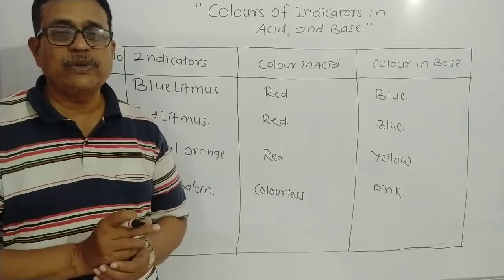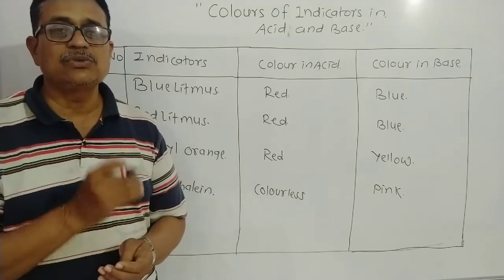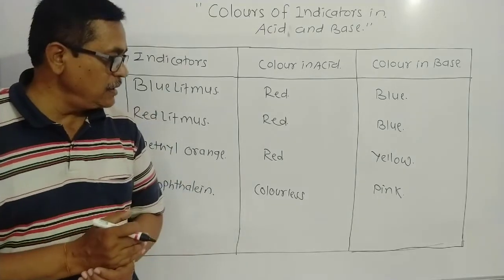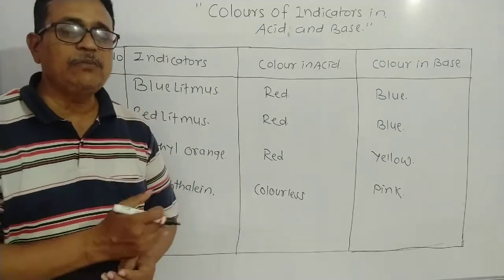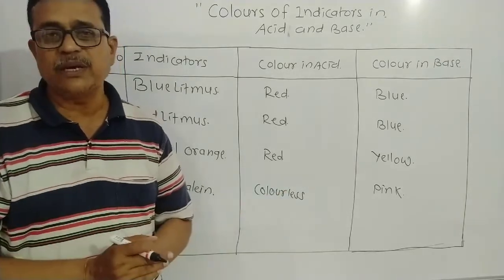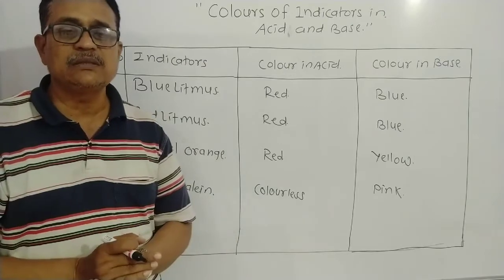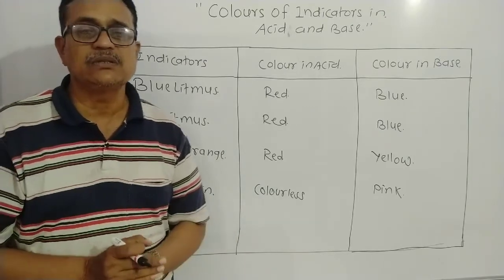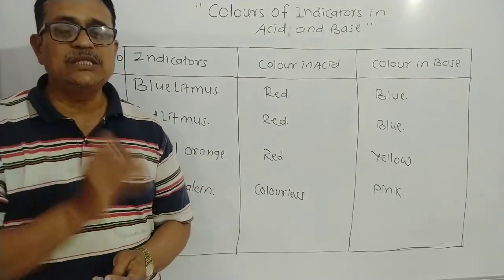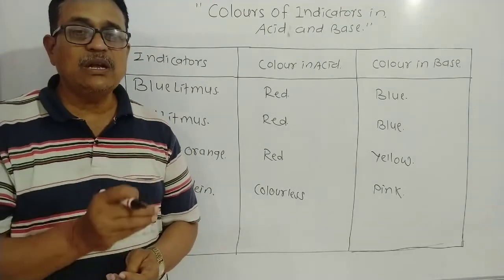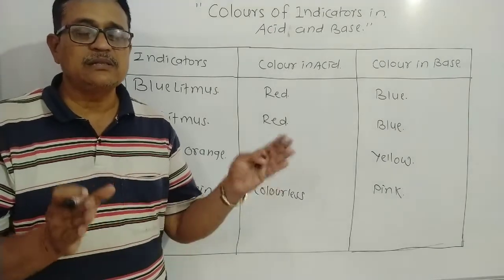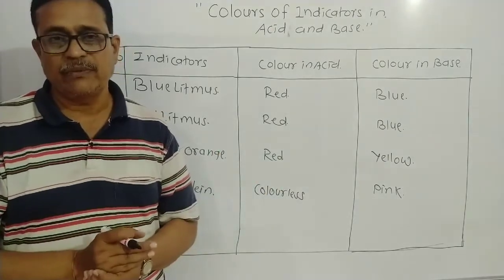There are two test tubes here, one containing the acidic solution and another containing the basic solution, and we use phenolphthalein. How the color changes in acid as well as in base, and how we identify acid and base using this type of indicator. Indicator means that, due to the change in color, which color in acid and which color in base, we identify the acidic and basic nature of that solution.